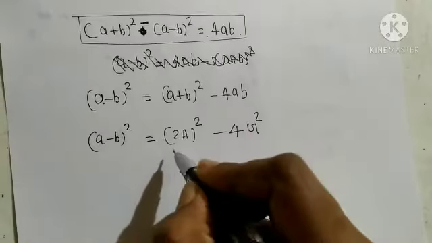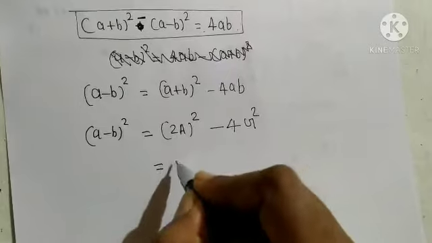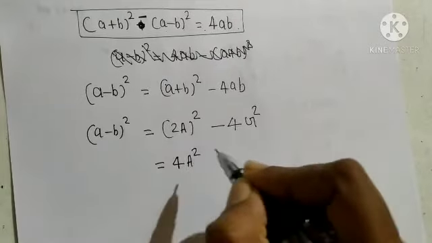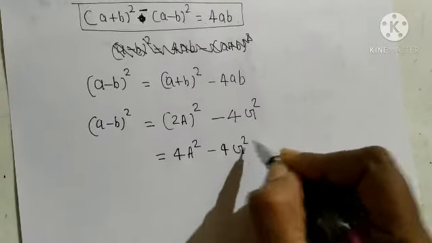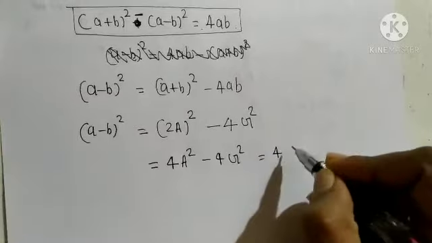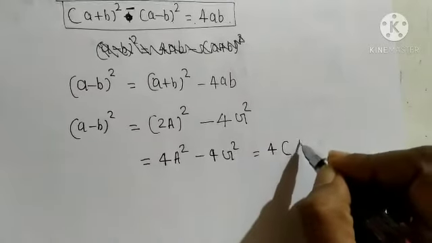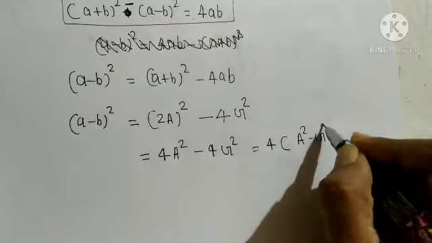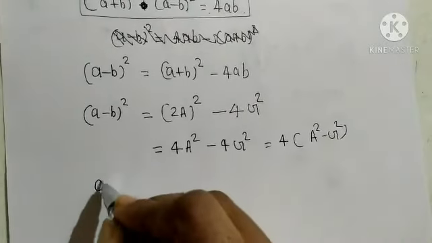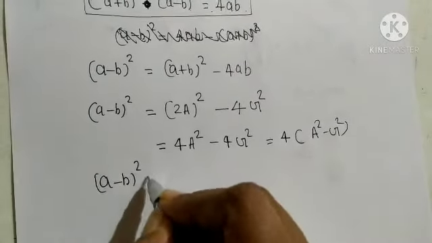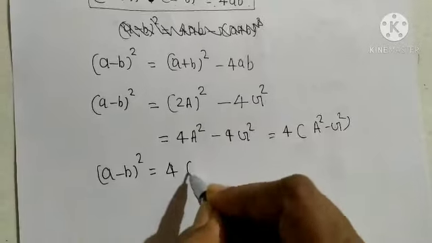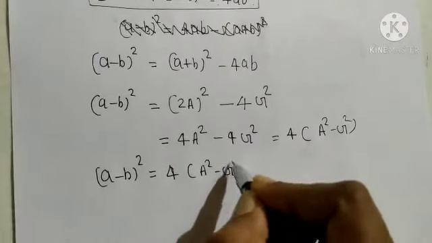This can also be written as 4 into A square minus 4 into G square. Taking this 4 outside, we get 4 into (A square minus G square), so (a minus b) whole square is equal to 4 into (A square minus G square).